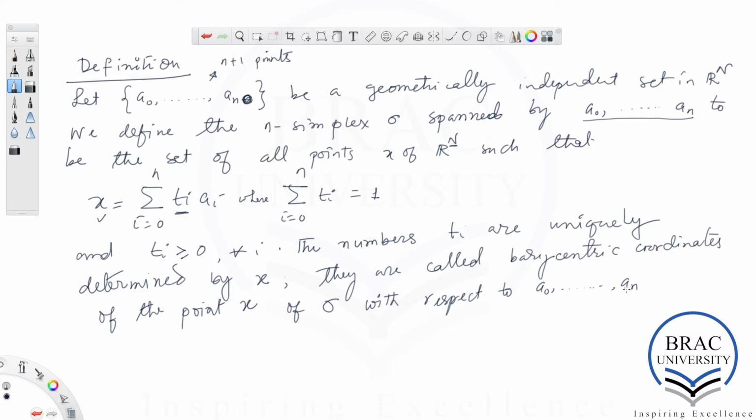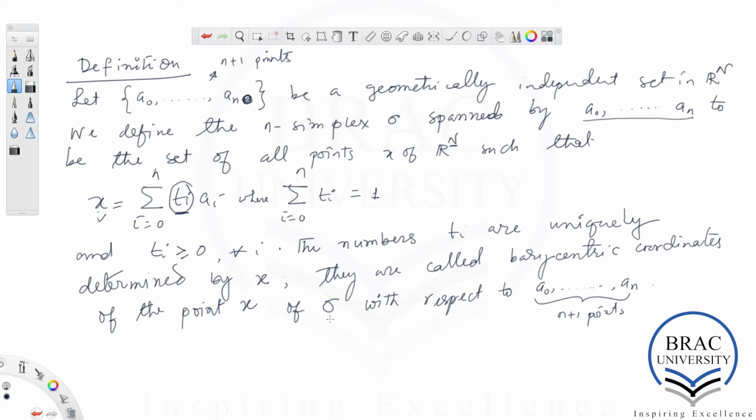The last point is a sub n, meaning that there are n plus 1 points. So these scalars are called barycentric coordinates of the point x of the n simplex sigma.